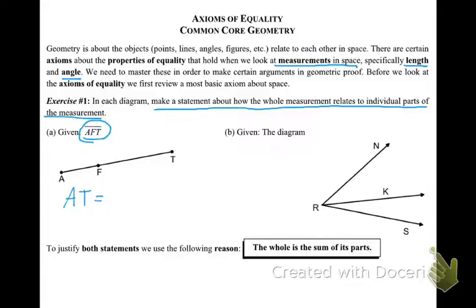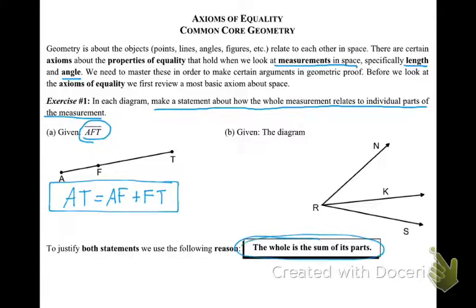That measurement is going to be related to the parts by adding the parts together. AT is equal to AF plus FT. That is using the axiom that the whole is the sum of its parts. And that's the reason we would write for that statement.